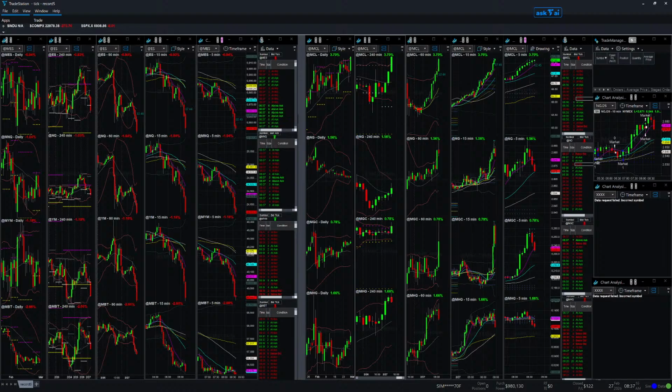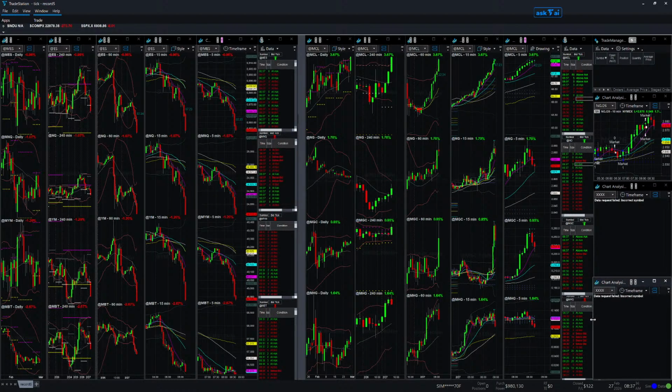Just so you know, I have another desktop that has my level two. This is time and sales, but this isn't the complete level two. Level two is where you see the orders coming in, where they're at the ask and the bid. I have another screen for that.